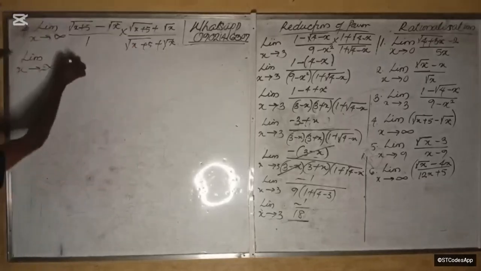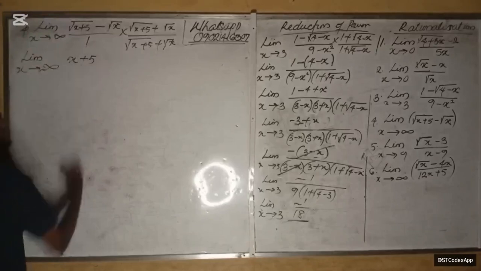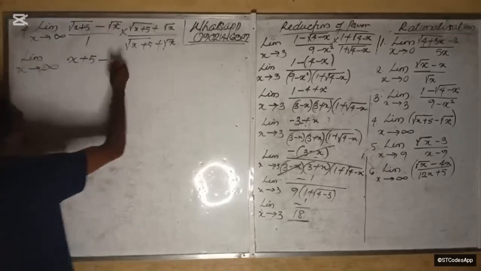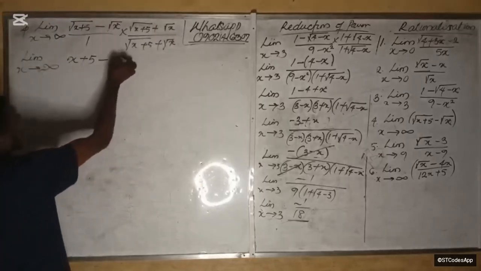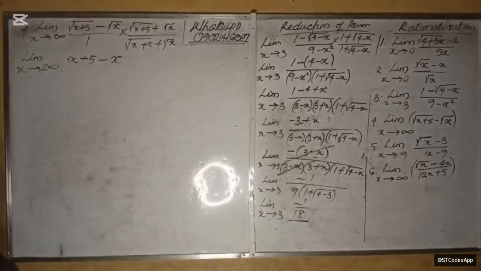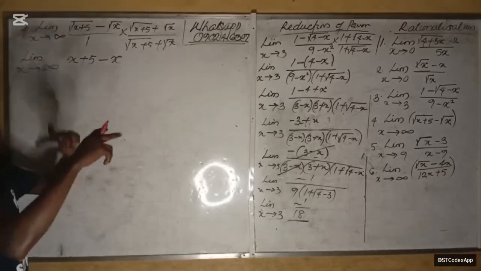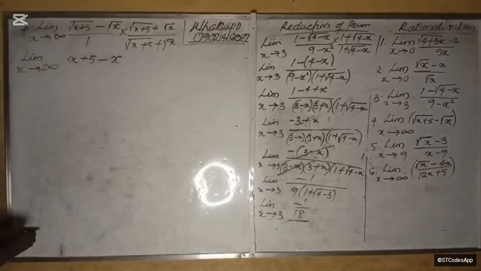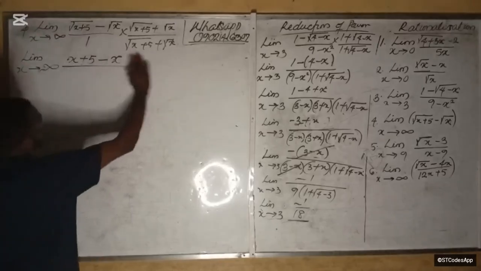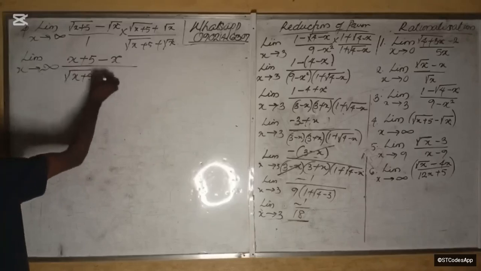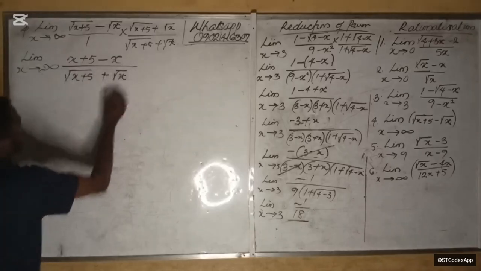We just remove the square root, then plus 5 minus this by this, it's going to give us just x, because it's going to be minus root x all squared. So square cancels square root. The denominator, we still have square root of x plus 5, then plus root x.